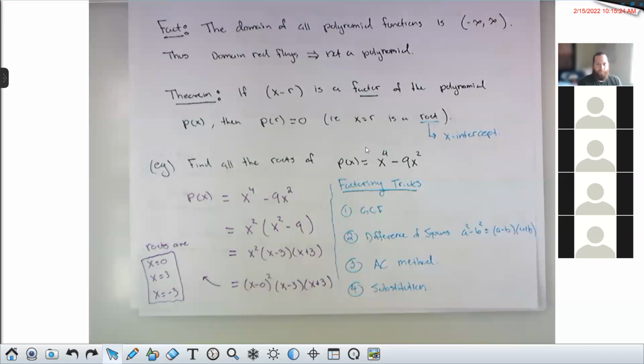Okay. What does this tell us about the graph? Having found these 3 roots, what could I say for sure about the graph of this function? Maybe the question is too open-ended. We know that it has x-intercepts at -3, 0, and 3. That's what this tells us, that there are x-intercepts at those 3 values.